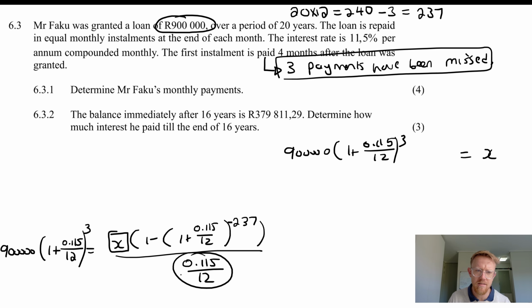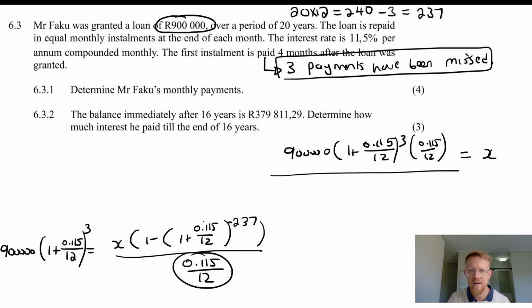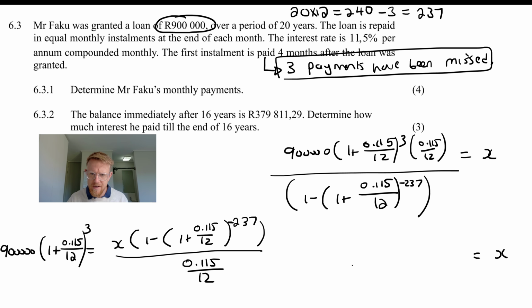You would then take this over there, so that would become multiplied by 0.115 over 12, and then you would divide by all of this: 1 minus 1 plus 0.115 over 12, to the power of minus 237. And that gives 9,908 Rand and 90 cents.